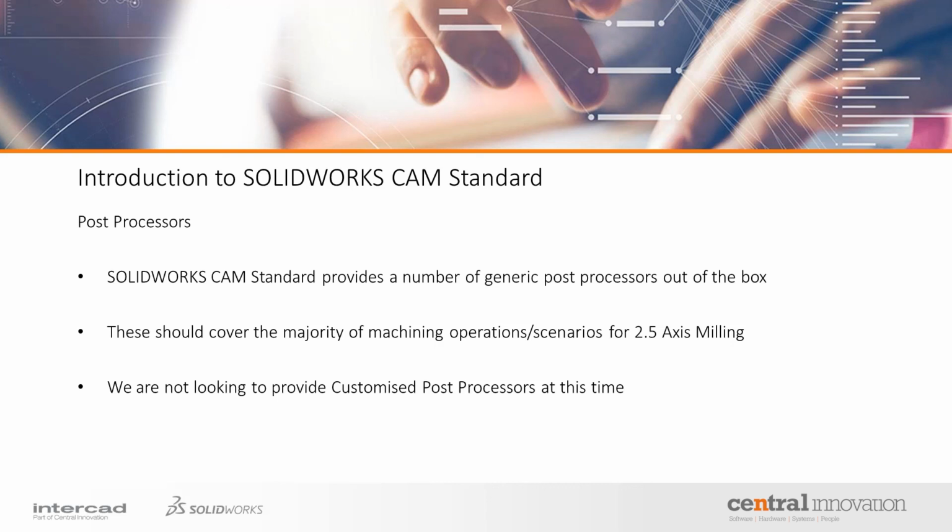This should cover the majority of the machining operations or scenarios that you'll use for 2.5 axis milling. And at this stage, we're not looking to provide customized post processes. It's simply not really cost effective for 2.5 axis, where most of the posts that SOLIDWORKS CAM does provide are sufficient for those machining operations.